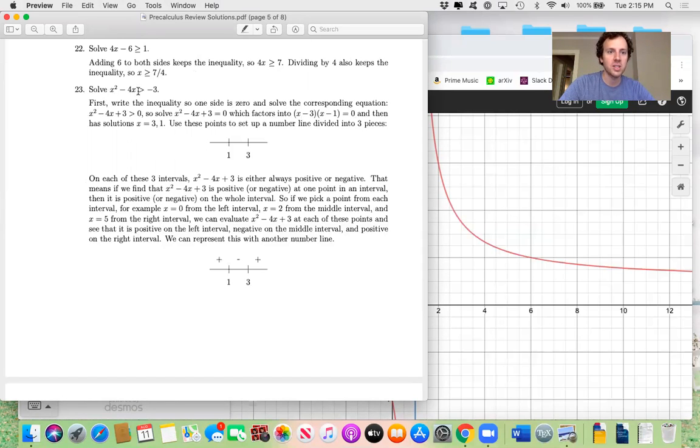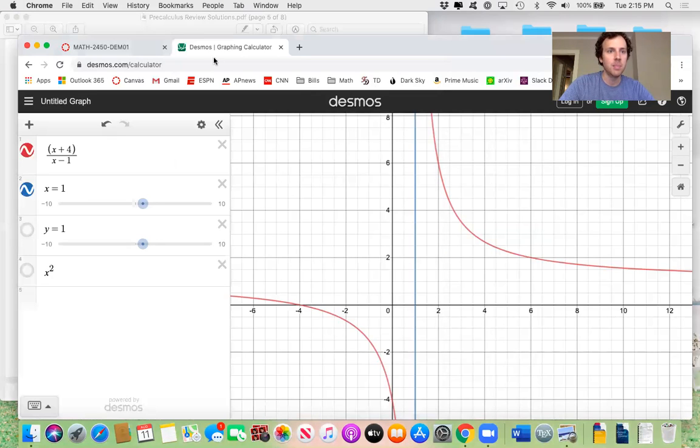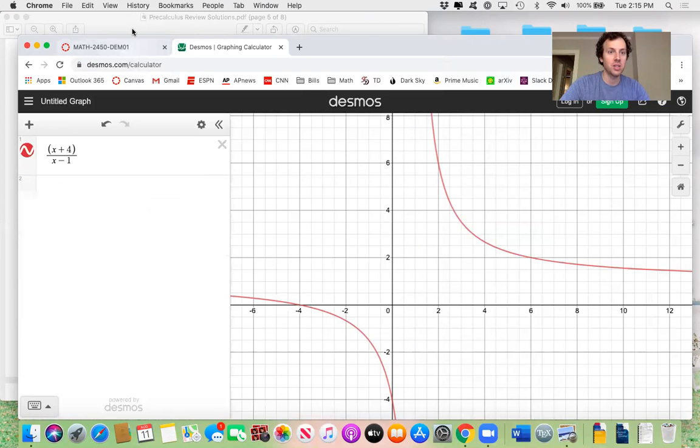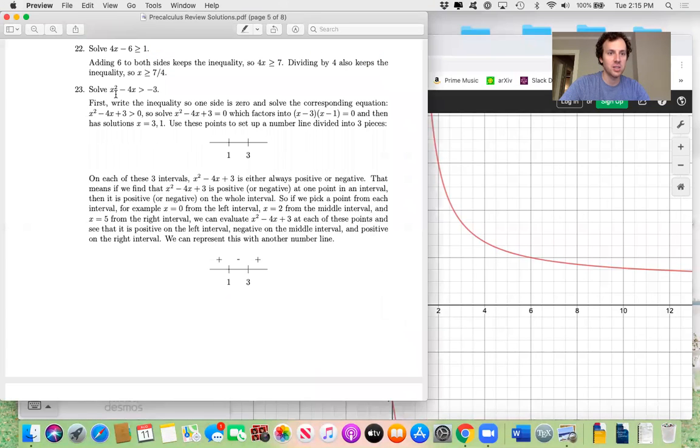So solving this inequality, one thing that you can do, especially as you're doing this on your own, is, well, let's see.